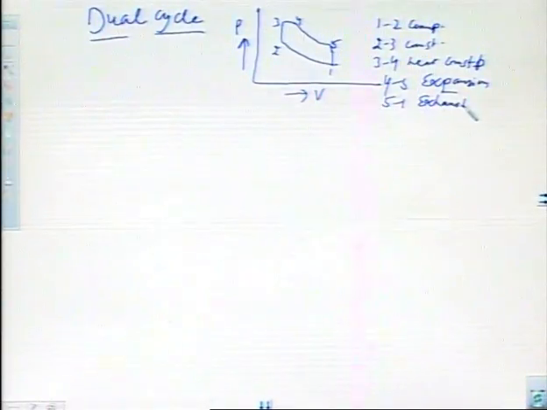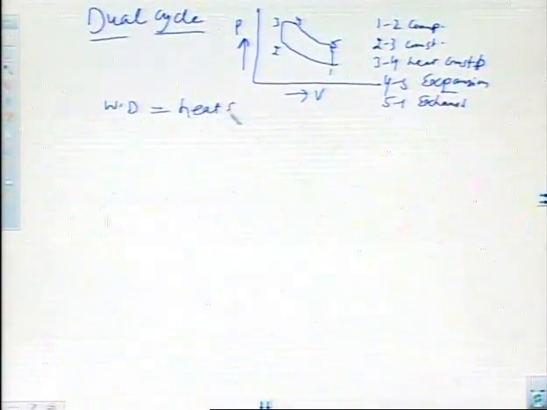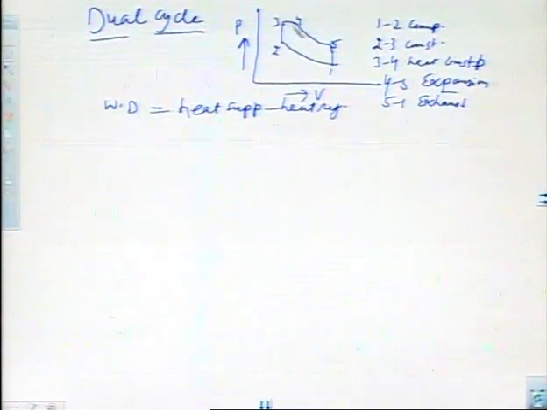Now, in this case, you find out what is the work done. Heat supplied minus heat rejected. Now, what should be the heat supplied in this case is, heat is supplied at constant volume and constant pressure.